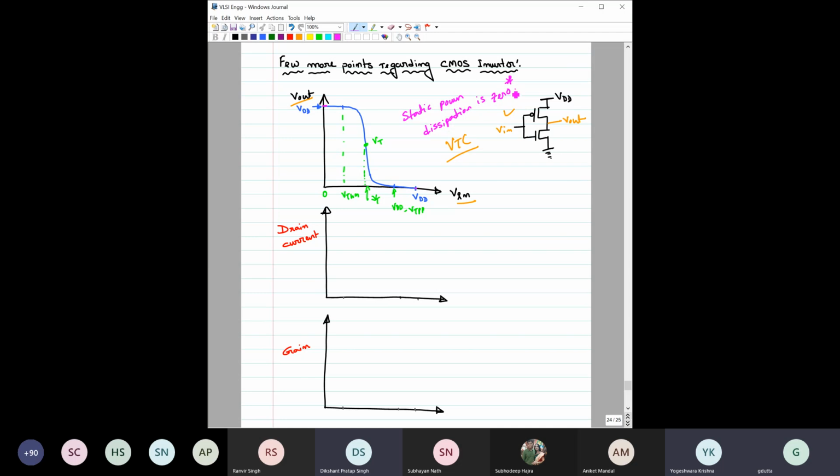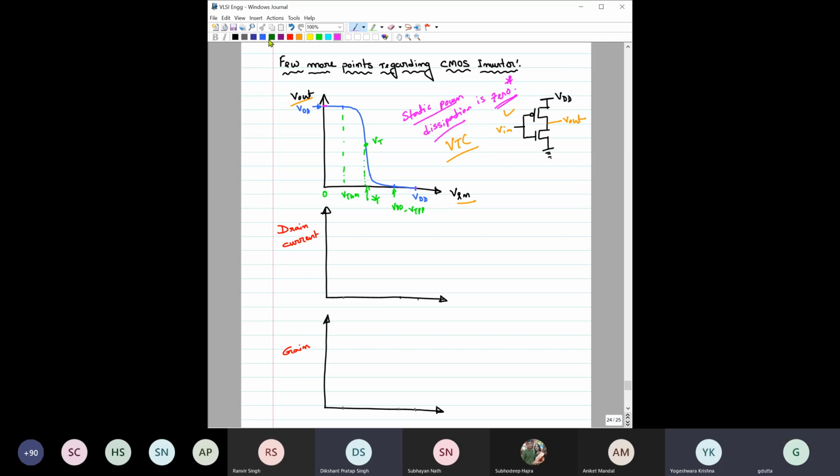I am putting a star here because practically it is not 0; ideally it is 0, but a MOSFET does have some leakage current, so you will have some static power dissipation as well. But it is not because both transistors are on at the same time. So static power dissipation is 0.